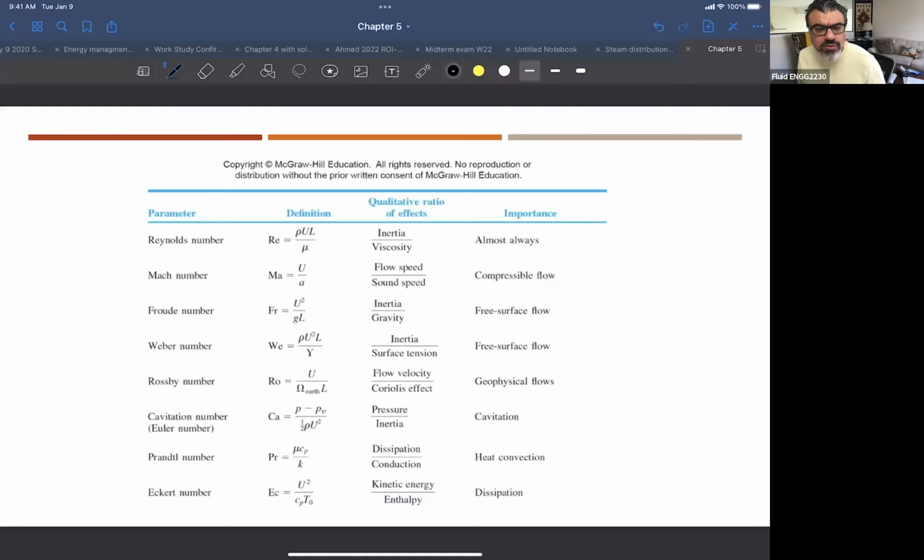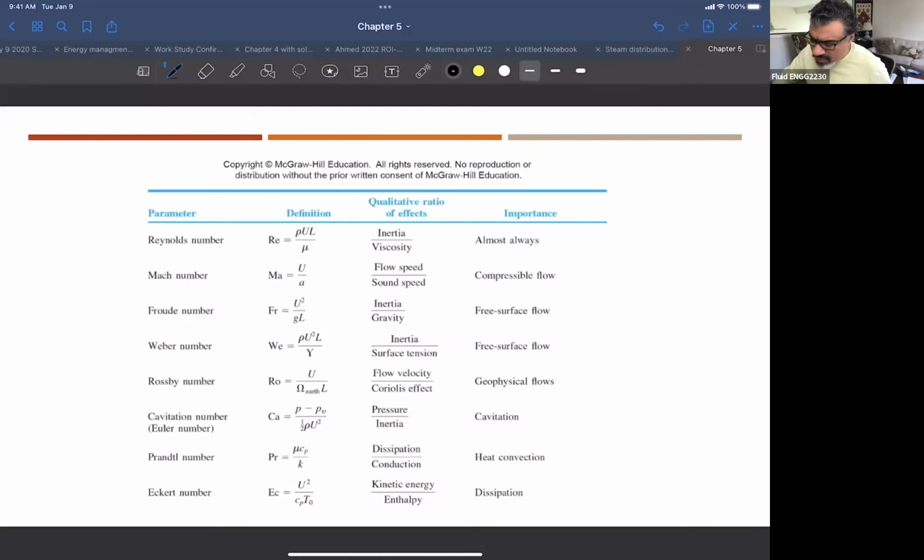If you consider rho velocity, the density and velocity times dimension, this is representing inertia, okay? And the viscosity is representing viscous forces. So the physical interpretation of the Reynolds number is inertia force versus viscous force.